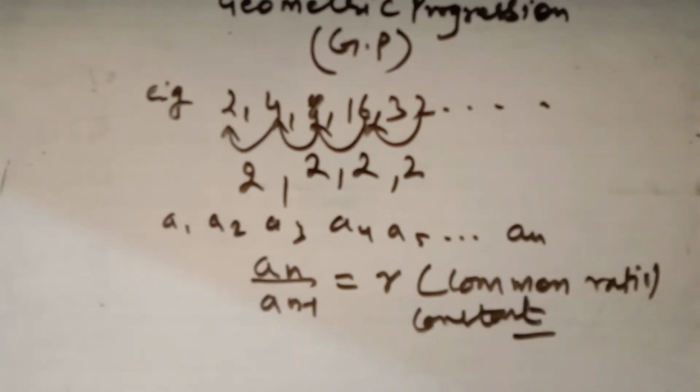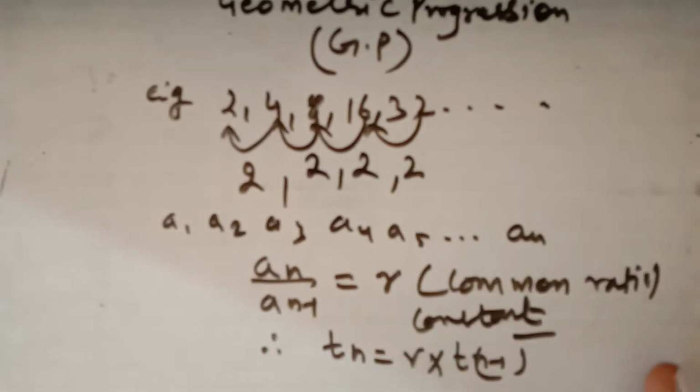So if a1, a2, a3 up to an, the ratio between any term and its preceding term is known as the common ratio, denoted by small r. Or we can say that any term is its preceding term multiplied by r, then the ratio will always be constant.